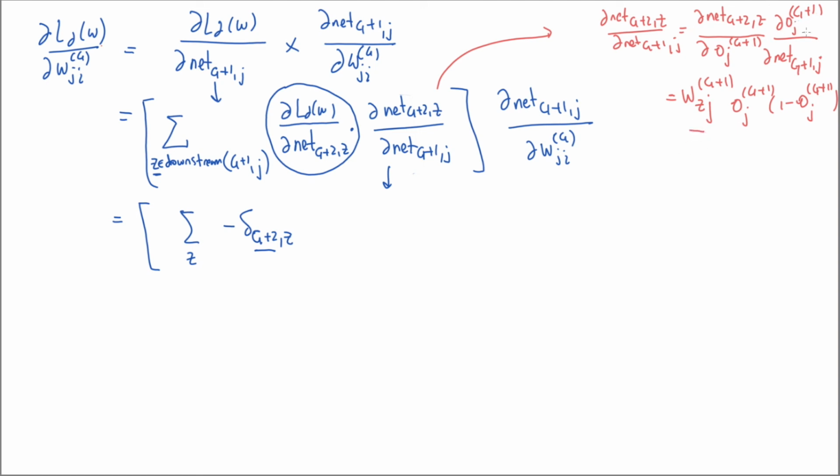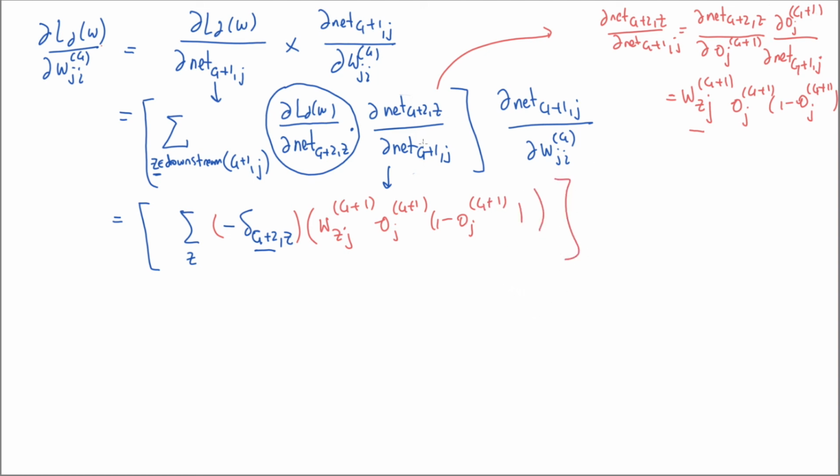And then the derivative of the output with respect to the net is the sigma of net with respect to net, so we just get this sigmoid term outside. So what goes here is w_zj^(g+1), o_j^(g+1)(1 - o_j^(g+1)).